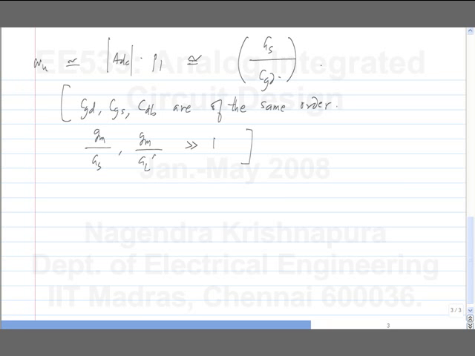Why do we get GS by CGD? How come the whole thing becomes independent of GM and everything else? Yeah, why is that? Have you seen other circuits in which this happens?